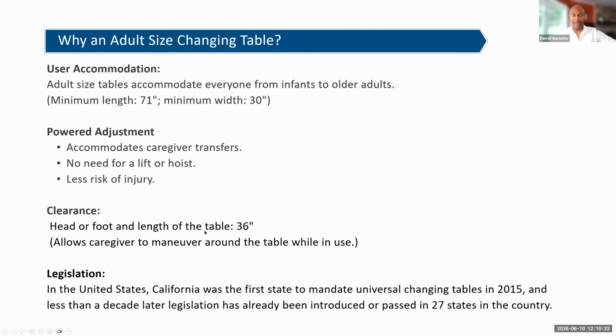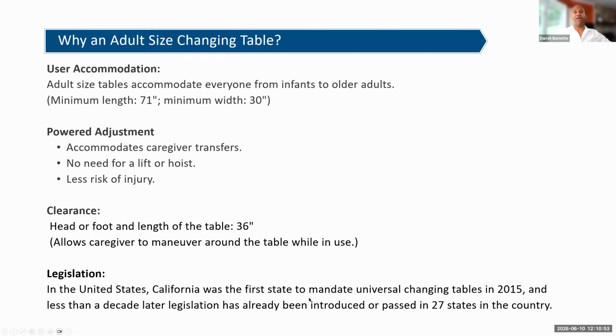Legislation, as I mentioned: in the US, it really happened recently that the adult size changing table was put into the building code. California was the first state to mandate a universal changing table, in 2015.